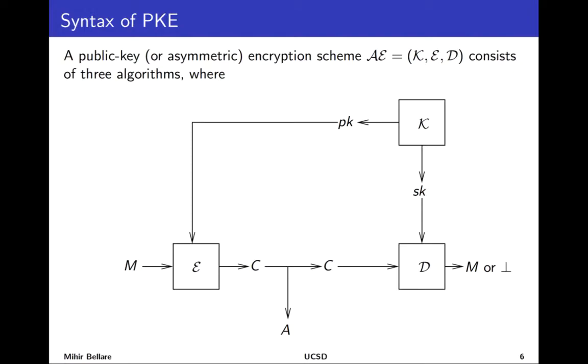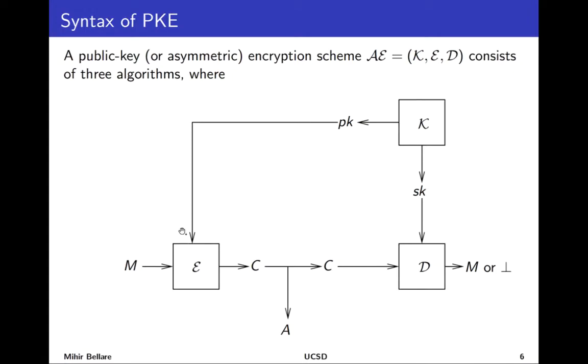But the way they work is a little different. Key generation will be run by Alice to set things up, and it will return not one key like before, but two. There's a secret key for decryption and then an associated public key, and these two have some particular mathematical relation that will be important for making the whole thing work.